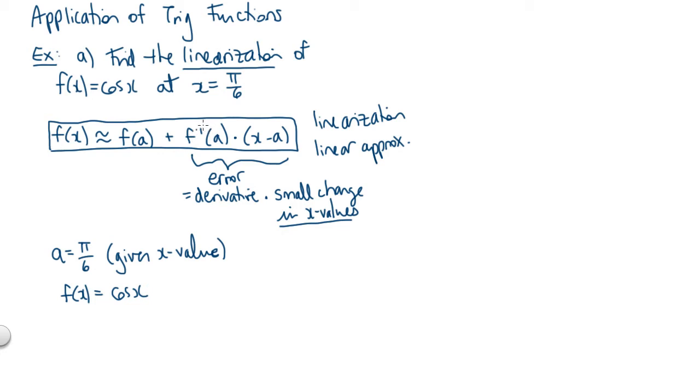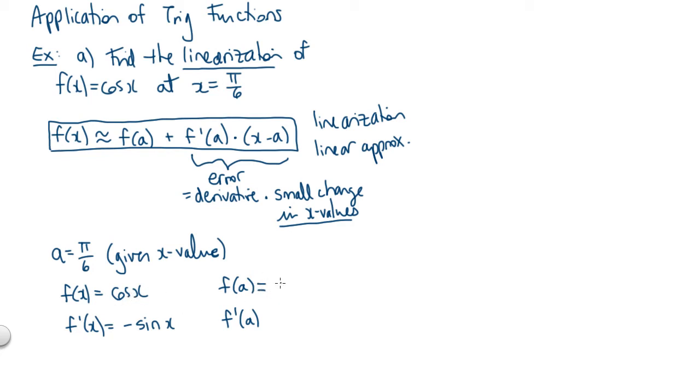And to plug into our formula, we'll also need to find f prime of x. So thinking back to our trig functions, the derivative of cos x is negative sine x. So the values that we'll need for this problem, we'll have to find f of a and f prime of a so that we can plug into our formula.